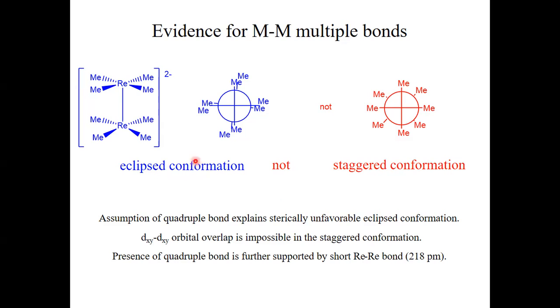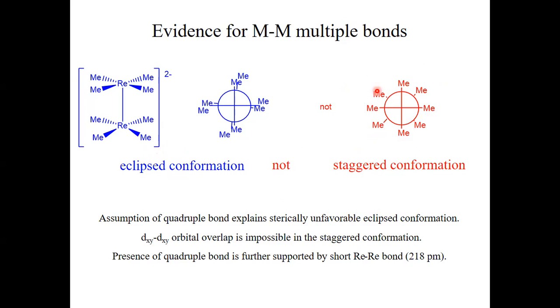The eclipsed conformation is not favorable from the steric repulsion point of view, so there must be reasons that overcome steric repulsion.